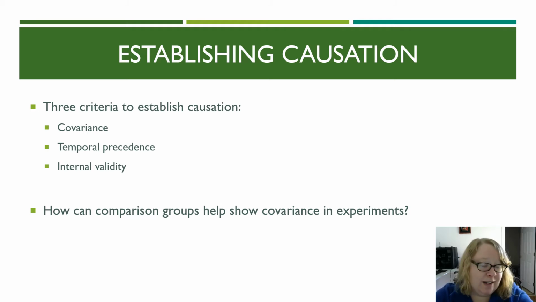Is it feedback type that causes mood changes, or is it gender that's causing that difference in mood? In that example, I don't know anymore, so I have a big internal validity problem. So even if you have covariance and temporal precedence, if you don't have internal validity, in other words, if you have a threat to your causation, your cause and effect, IV to DV, that again invalidates your study.